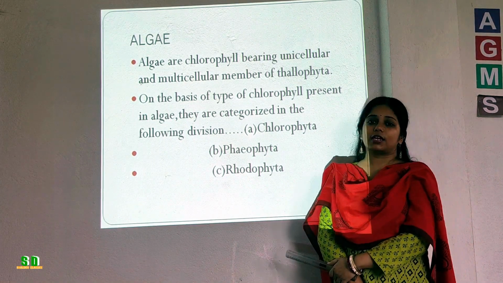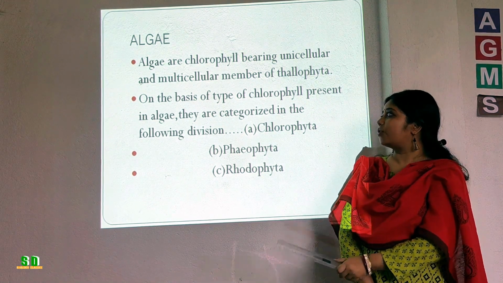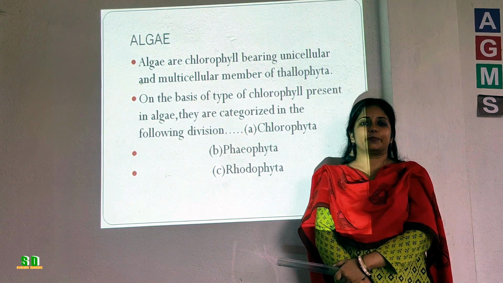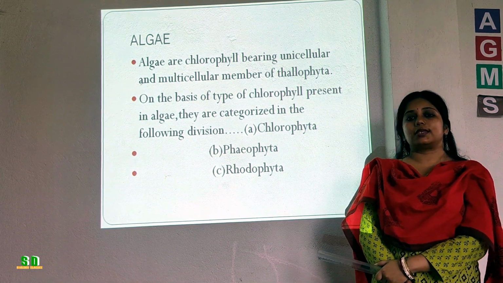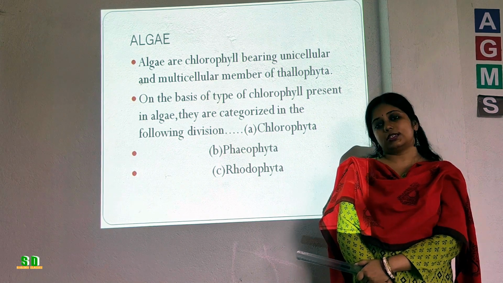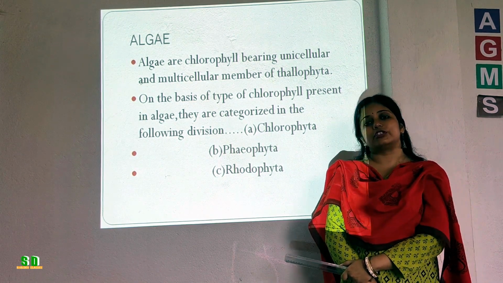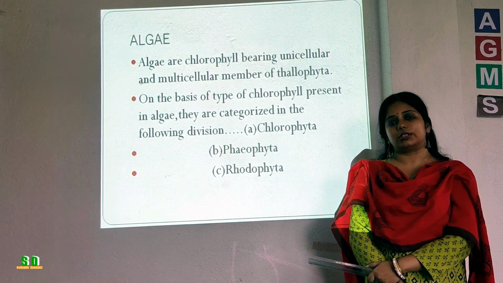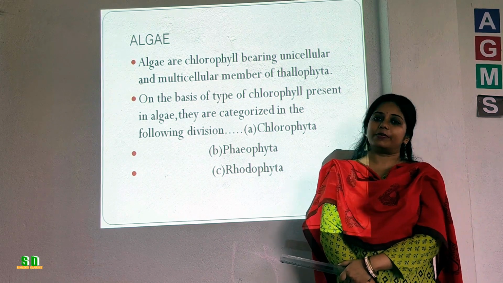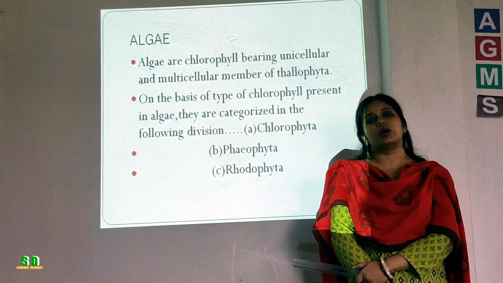But before that, we have to know some more information about algae. All of us already see algae growing in our surroundings, and they are quite different from the large plants that we can see around us. Their habitat, that means mostly they are found in water.